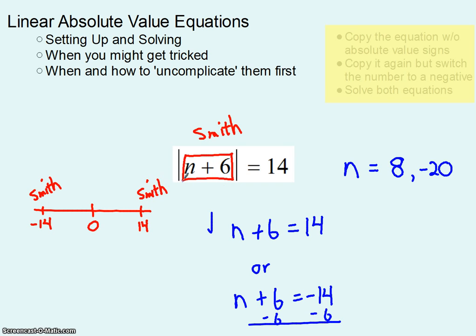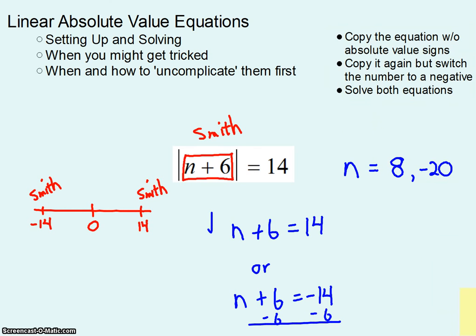So what I tell people is, jot these notes down. Three steps. One, if you simply copy the equation without the absolute value signs, as we did right there, you'll get an equation you can solve to get the first answer.